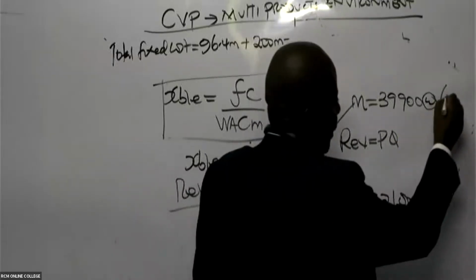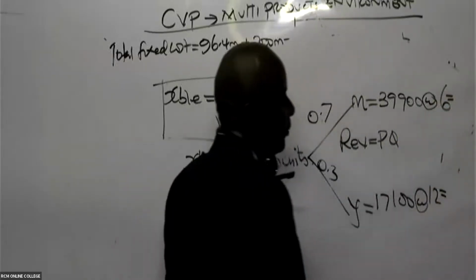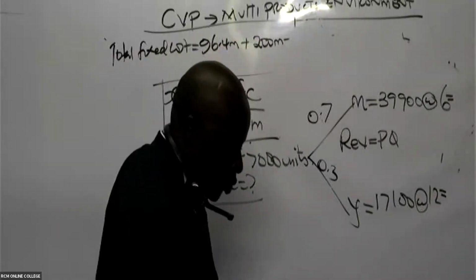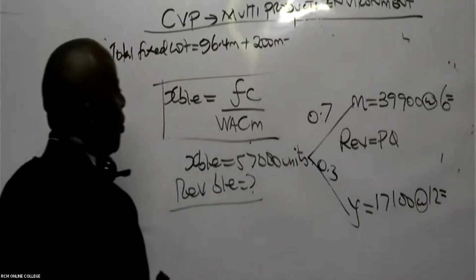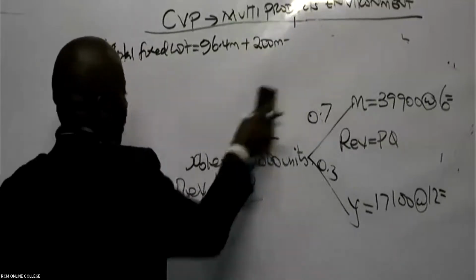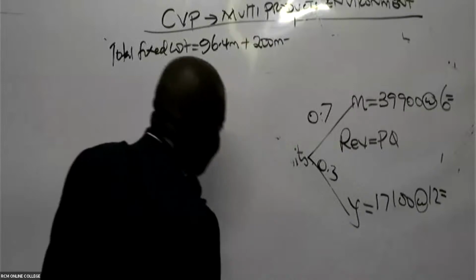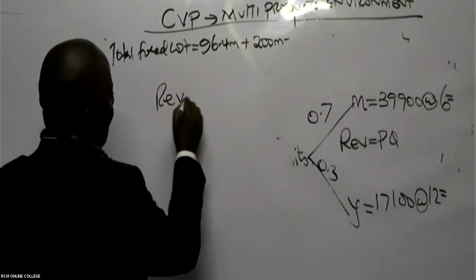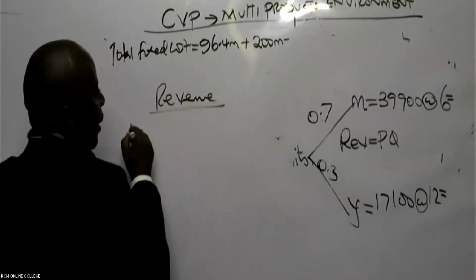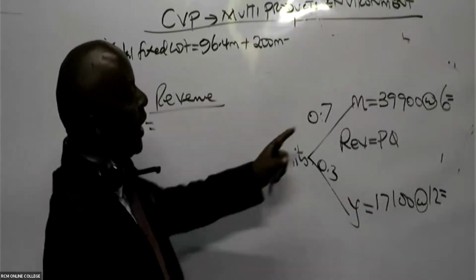So then are you able to give me this number and this other number? So we have here the revenue of M versus revenue of Y. The revenue of M is 39,900 times 6.